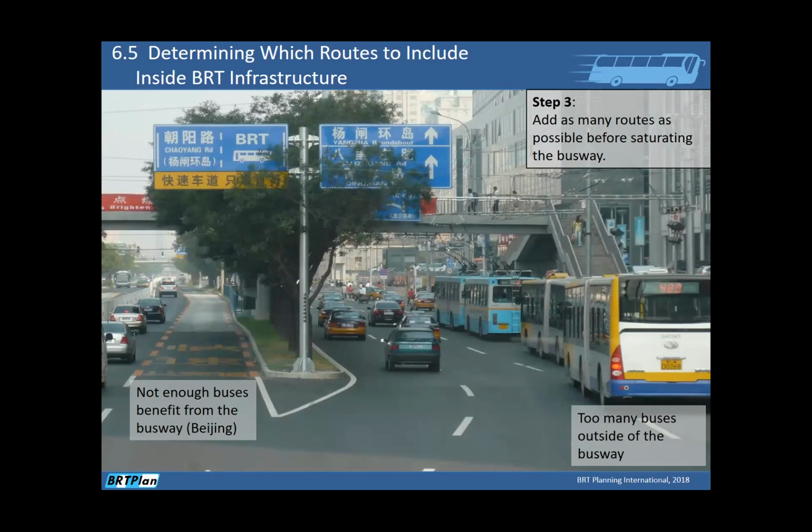Now here's a picture which is pretty typical of some of the more poorly designed BRT systems in China, where you've got an empty bus lane on the left with nobody using it. And on the right, you've got most of the buses just operating like they always did in mixed traffic. Now that's a relatively poorly thought through service plan because most of the passengers are not benefiting from the dedicated lane or the other BRT elements.